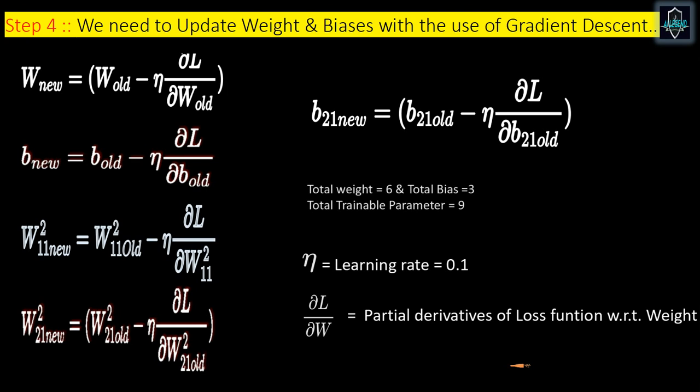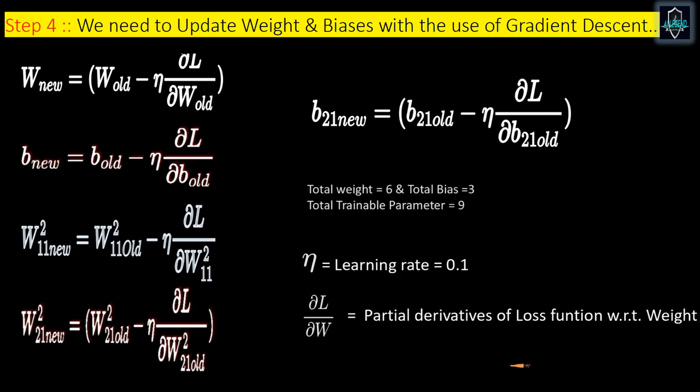I'm summarizing this. Initially, we choose some random values, then we take the points one by one. I took the first point and made the prediction for that point via forward propagation. We get one number. Now we took that number into the loss function and it finds the error for that point.